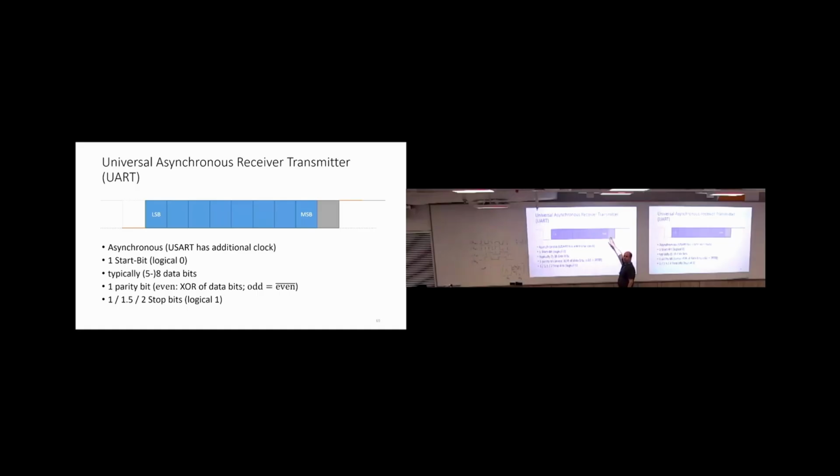Parity bit means just, or is it clear what parity bit means? Parity bit is just even or odd. So, you can also define if this flags even or odd, that it has a degree of freedom. And then you have one, at least, stop bit, which needs to be logic 1.